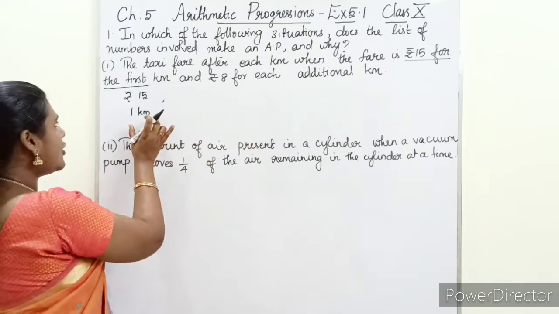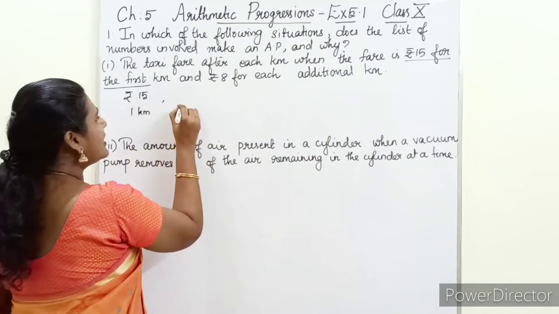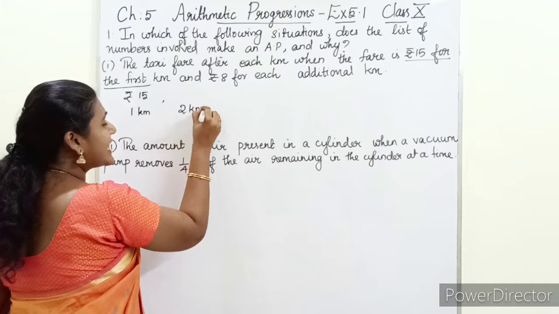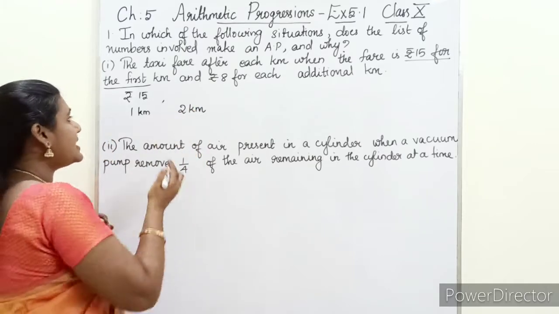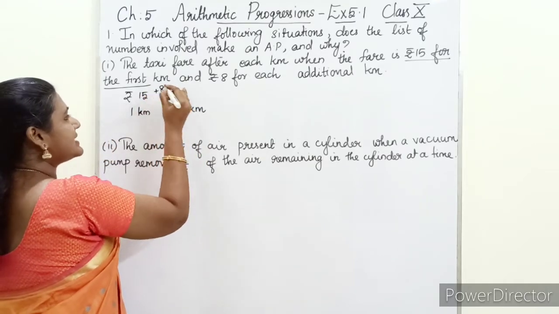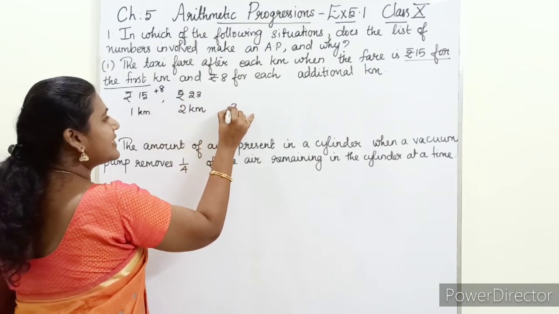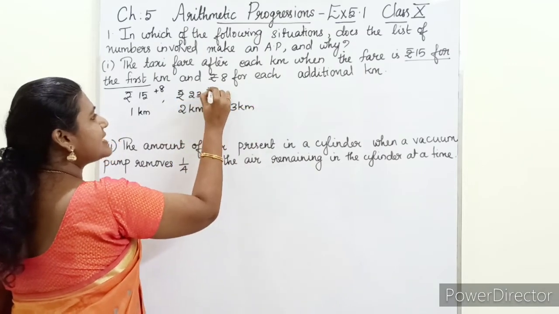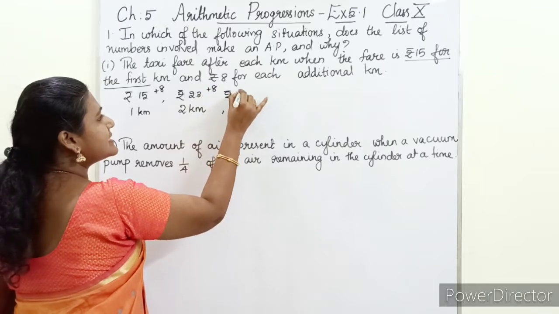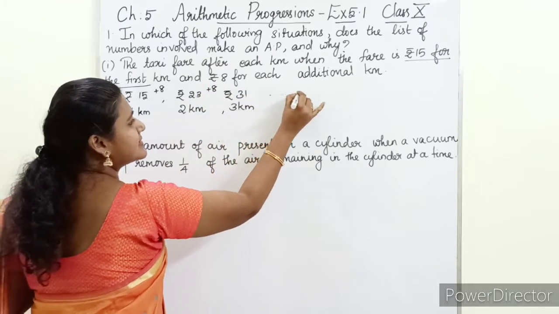So what will be the taxi fare for the second kilometer? 15 plus 8, that is rupees 23. And for the third kilometer? 23 plus 8, that is rupees 31. So it will go like this.